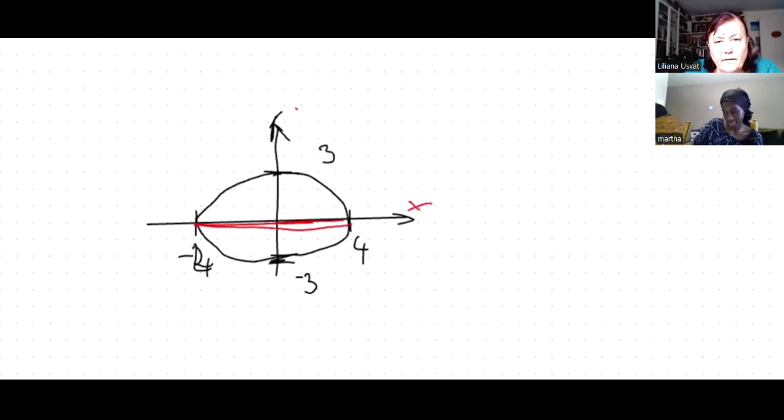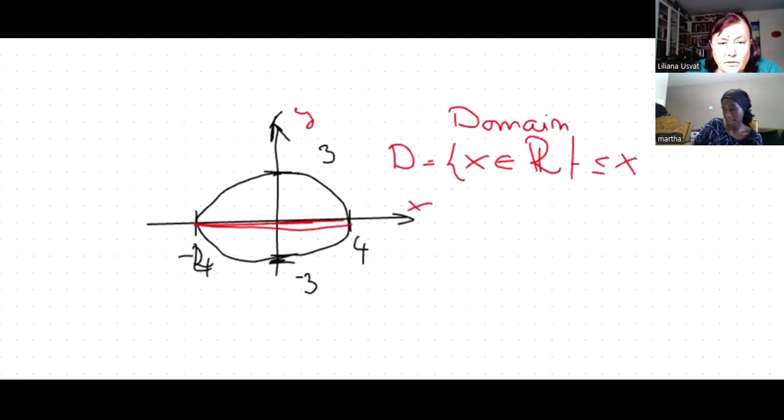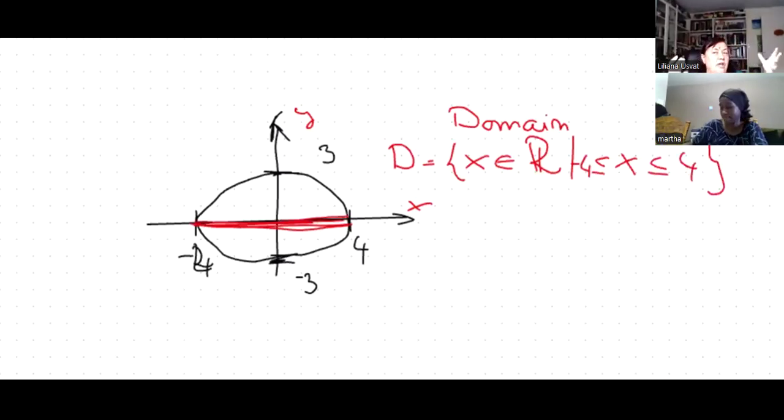So domain, x is an element of the real numbers such that x is between -4 and 4. From here to here is the domain, all the x values that this shape can have. Is that clear so far? Yeah.